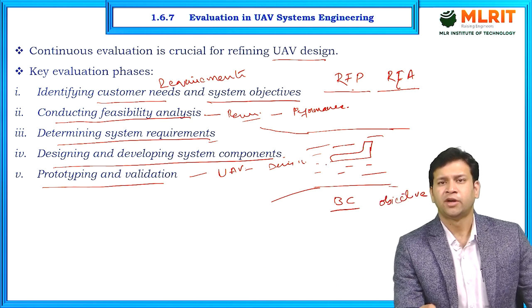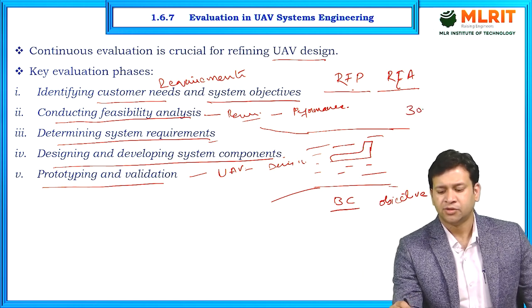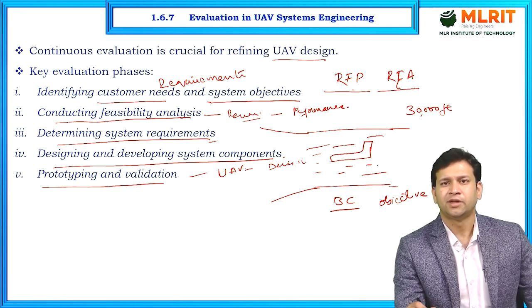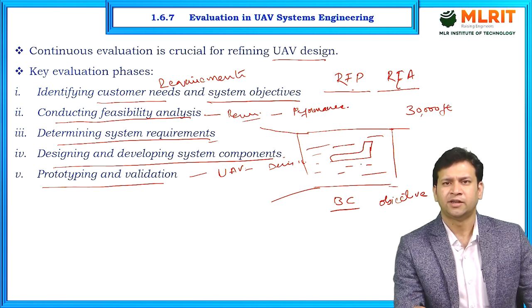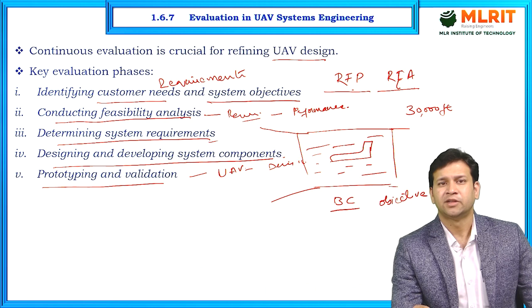This will create the boundary conditions of the objective, such as, suppose I want to fly this UAV at 30,000 feet altitude. So I'll be creating that atmosphere in this test section. A prototype model will be made, created and tested for 30,000 feet altitude, which will be done in this phase.